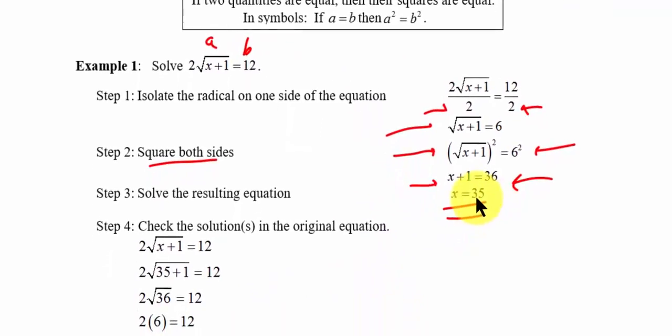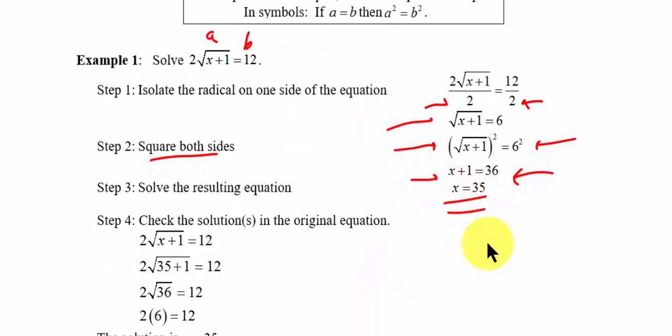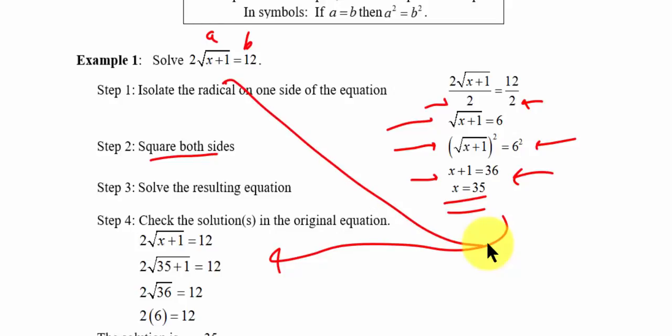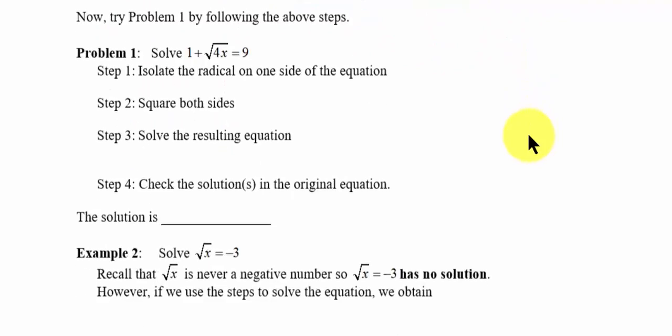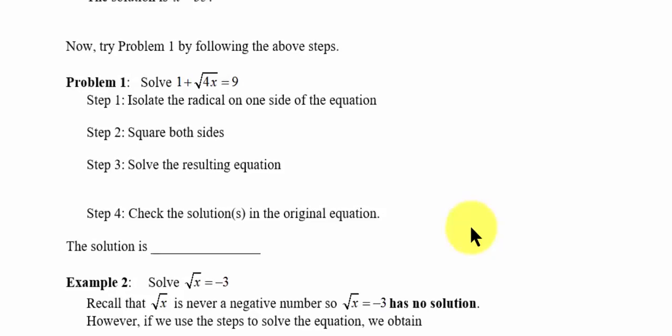We take x equals 35 and put it back into the original equation, and when you do the calculation, you end up with 12 equals 12, so it checks. It is very important to do the check, because sometimes it doesn't work out, and we have what's called an extraneous solution.